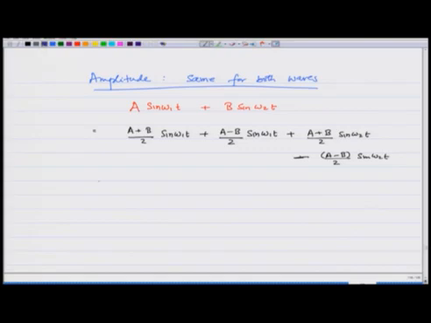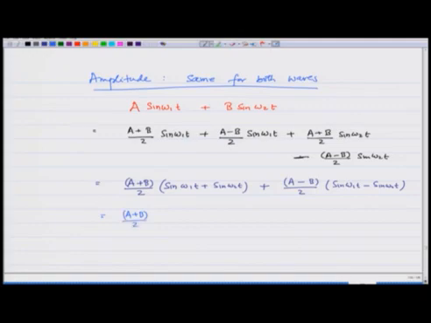So I am going to get this equal to (A plus B)/2 times sine of omega 1 t plus sine of omega 2 t, plus (A minus B)/2 times sine of omega 1 t minus sine of omega 2 t, and this is going to give me (A plus B)/2 sine of omega plus t cosine of omega minus t plus (A minus B)/2 cosine of omega plus t sine of omega minus t, and in fact, I should put a minus sign here.